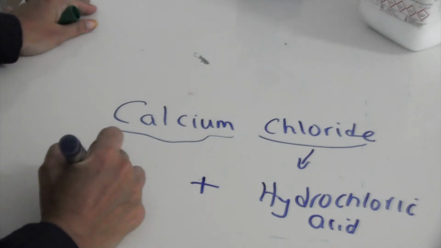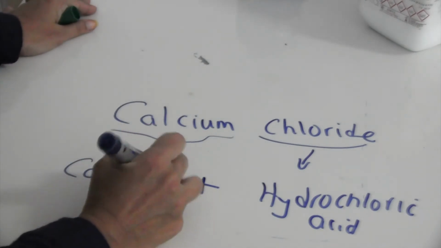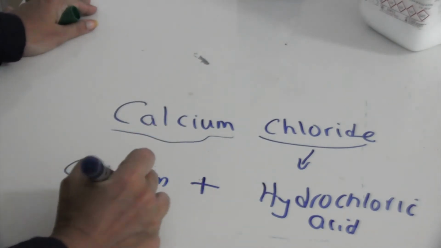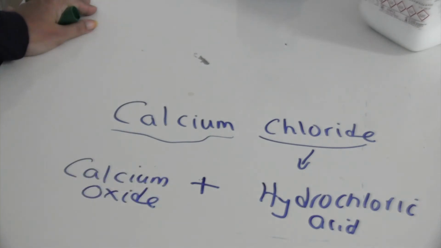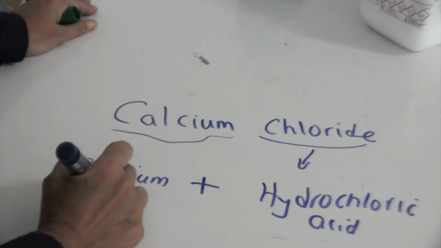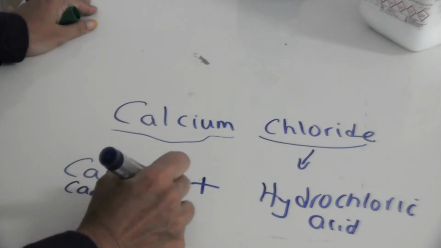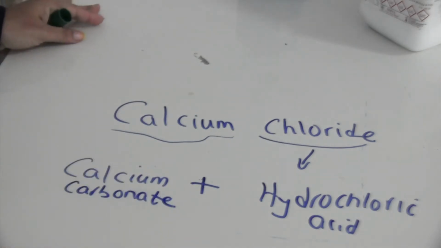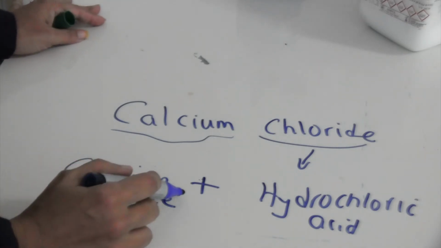I'm not going to just use calcium, but I can use calcium oxide and hydrochloric acid, mix it together. Or instead of calcium oxide, I can use calcium carbonate as per the previous video. Okay, so I'm going to use calcium carbonate.